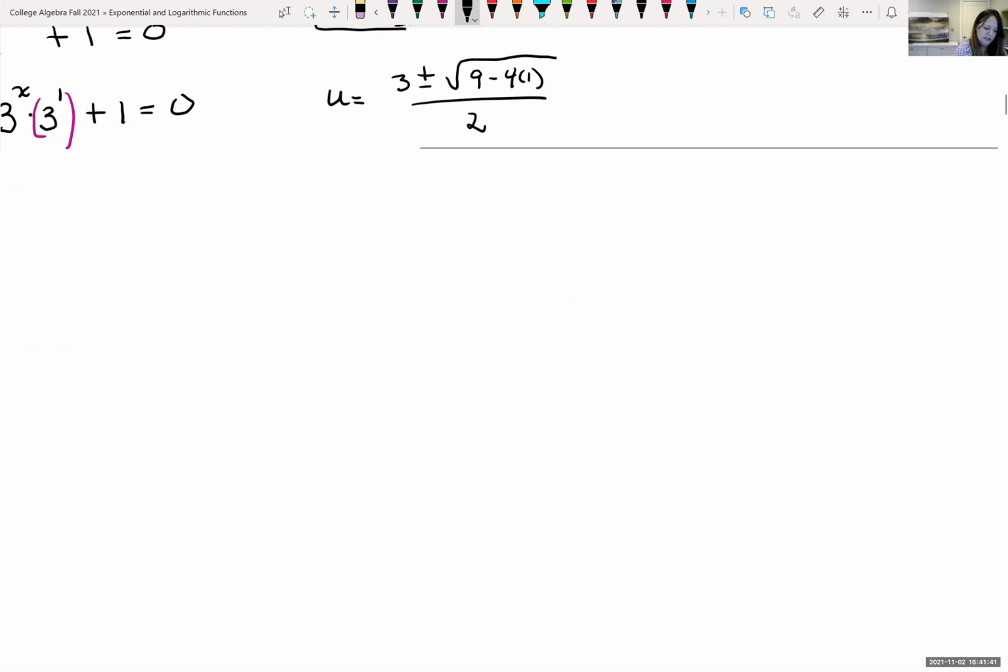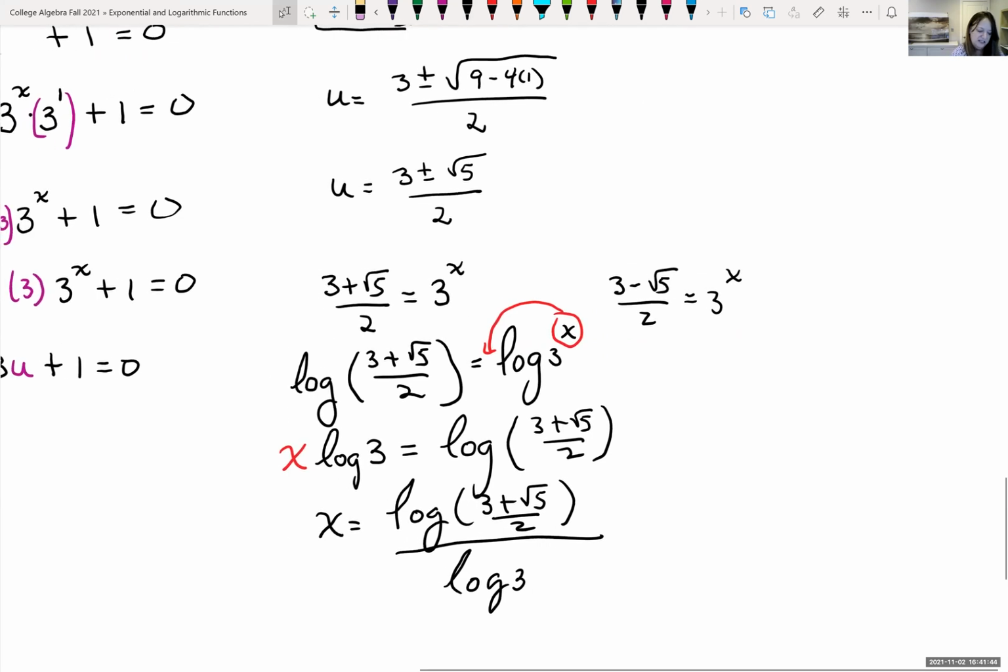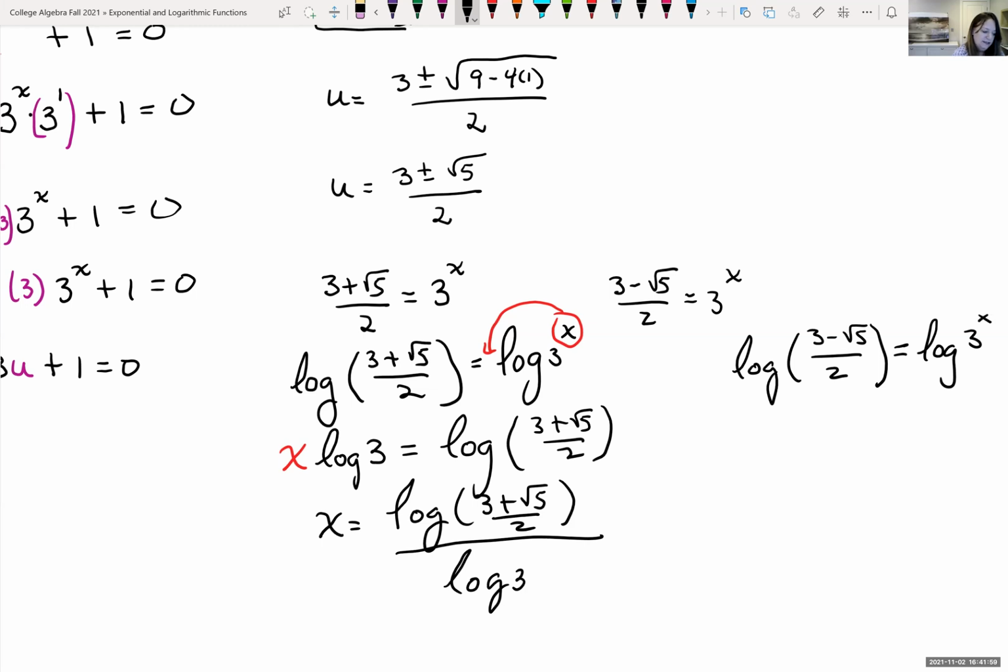So there's one solution. The other solution, same idea. We could take the log of both sides. So we have the log of (3 minus root 5) all over 2 equals the log of 3 raised to the x. Bring our exponent down. So log of (3 minus root 5) all over 2 equals x times log of 3.